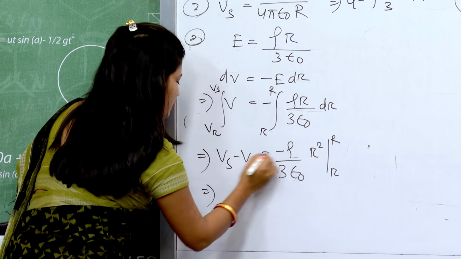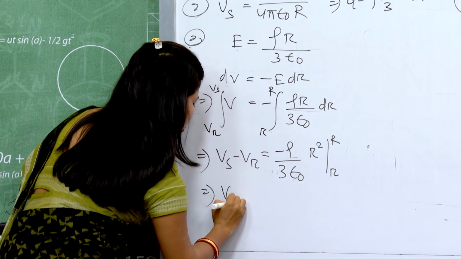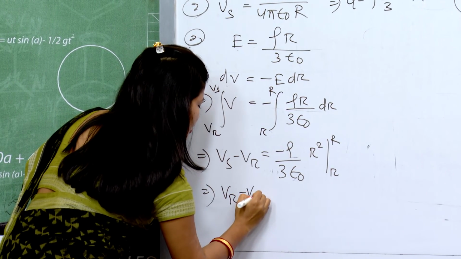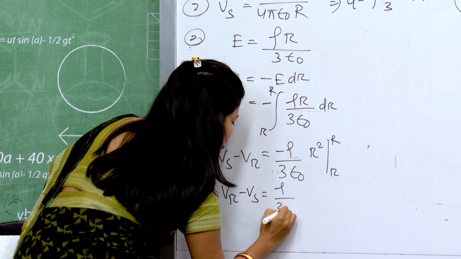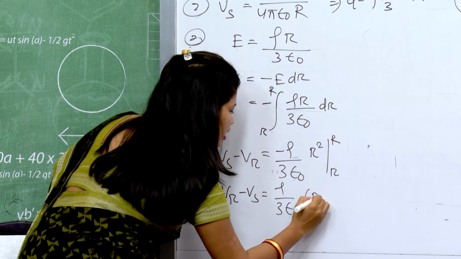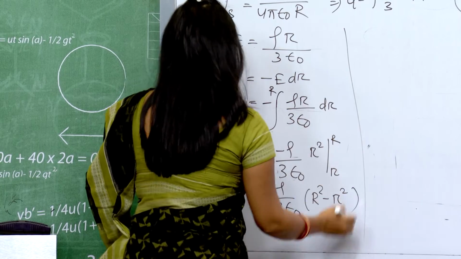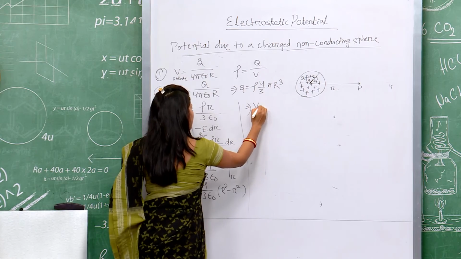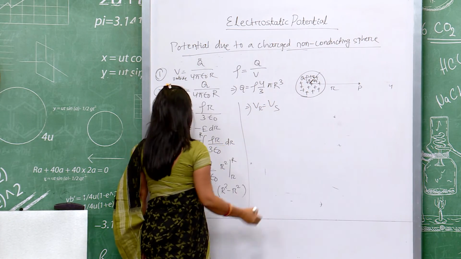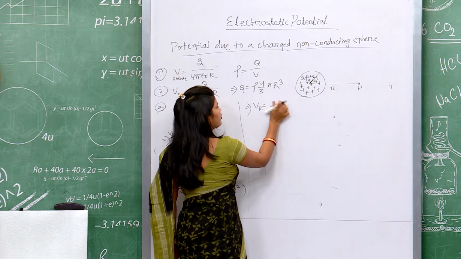So, taking the minus sign, Vr minus Vs is equal to rho upon 3 epsilon naught times capital R square minus small r square, with a factor of 1 by 2. So, Vr is equal to Vs plus that, and what is Vs?